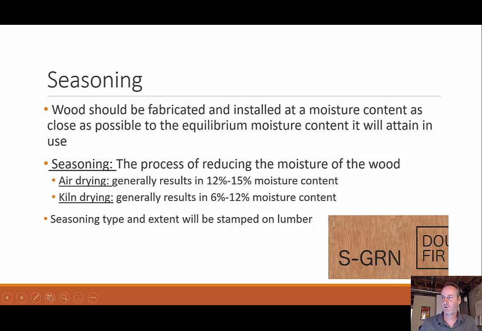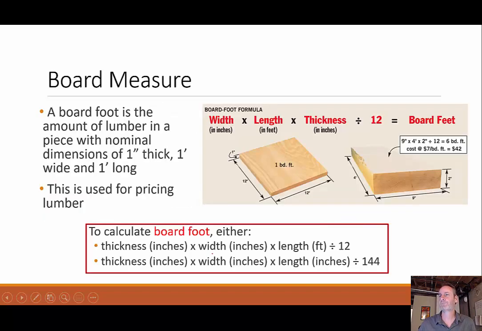There are two different processes to seasoning. You can either air dry it or you can kiln dry it. Of course, kiln drying is a heating process. You're going to get a drier wood, 6 to 12% versus 12 to 15%, and your seasoning will be listed on your wood itself. We'll talk more about what this means in a little bit, but you might already see that GRN, green, means wet, so we'll talk more about that.